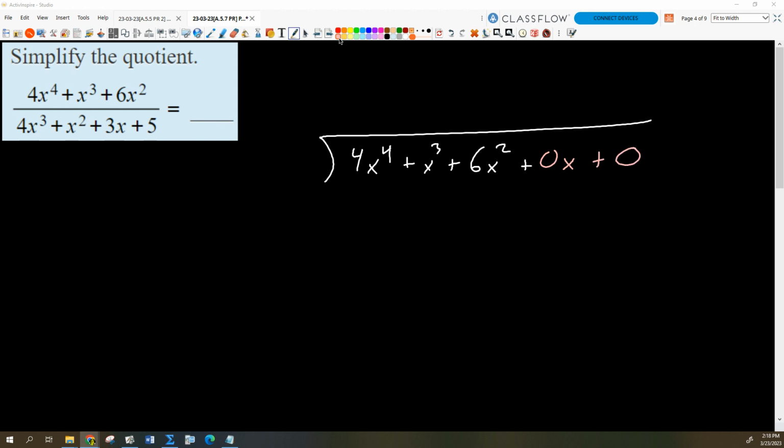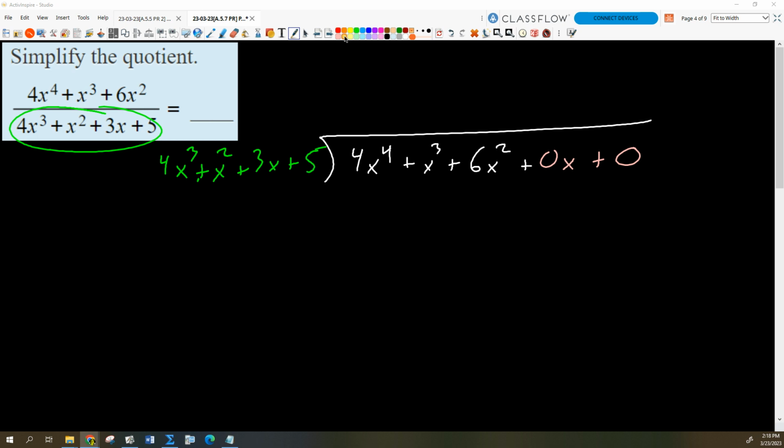Yep, I have to have a column for every power all the way down through the constant. What goes out front? That whole thing. So we get 4x cubed plus x squared plus 3x plus 5.